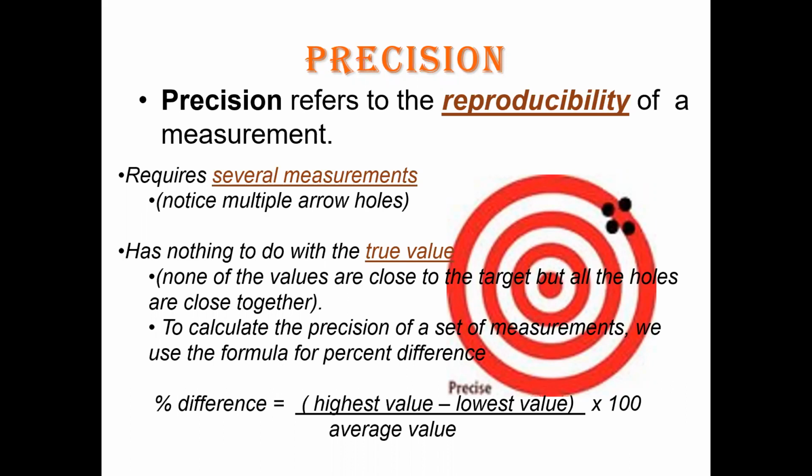And to calculate it, there is a formula known as percent difference. So percent error is the measure of accuracy of a measurement, and percent difference is the measure of the precision of multiple measurements. Got it?